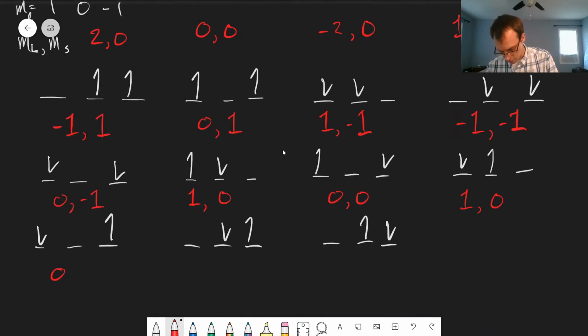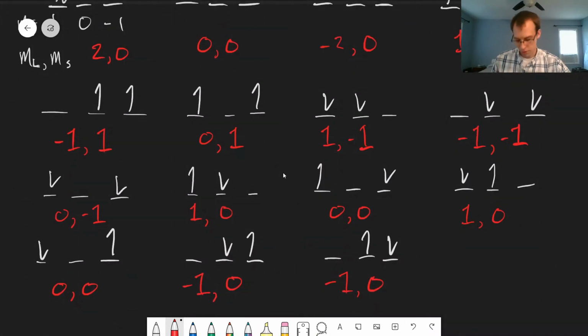Here we have 0, 0 again, but in a different possible configuration to get that. Here we have -1, 0, and -1, 0 again, just with the spins flipped. Okay, so we have a bunch of different possibilities now. We have 15 different things we're looking at.